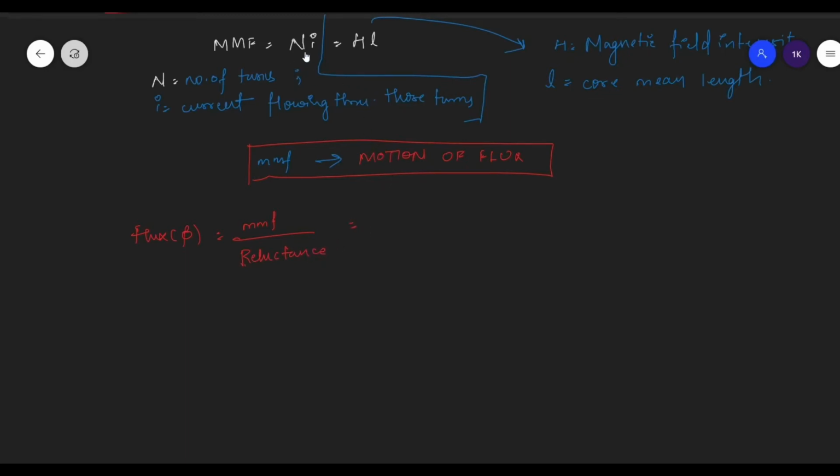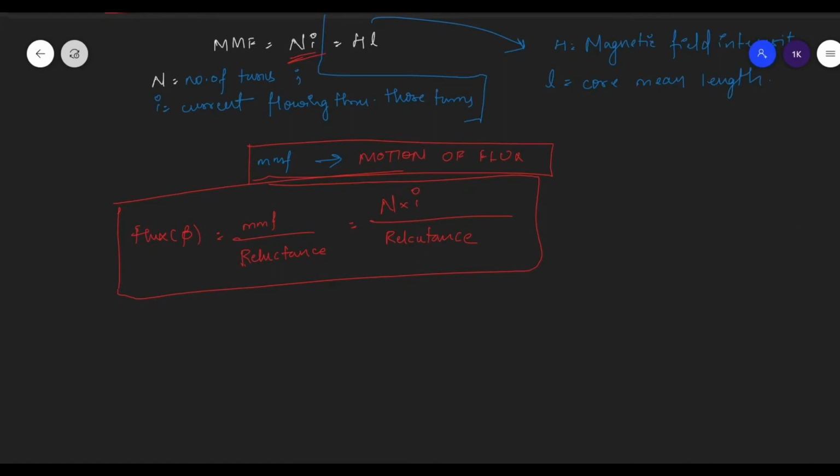In the earlier formula we have seen MMF is nothing but number of turns into the current flowing through those turns, divided by reluctance. In the EMF case we have resistance, and here in the MMF case we have reluctance. Resistance is nothing but the opposition offered by the conductor to the current flowing through it.